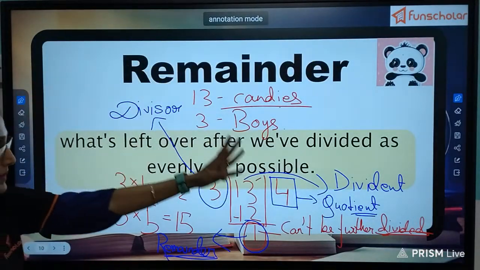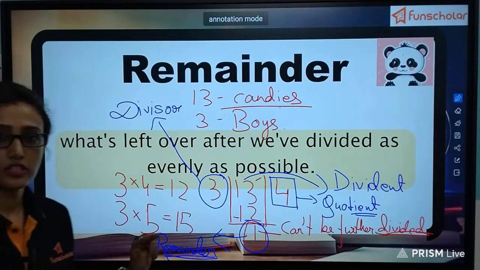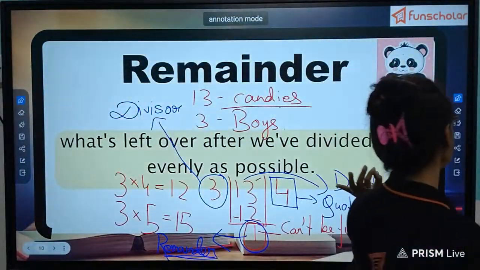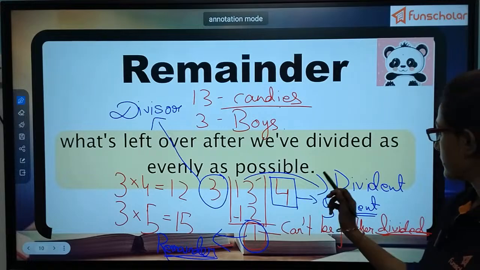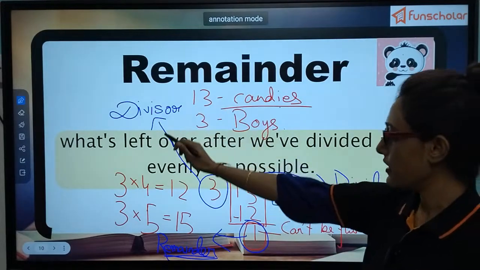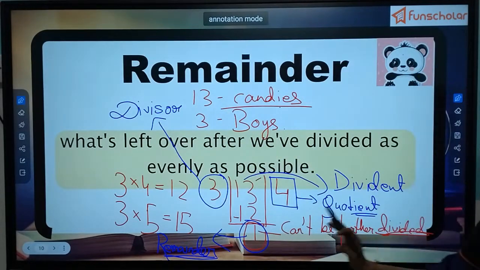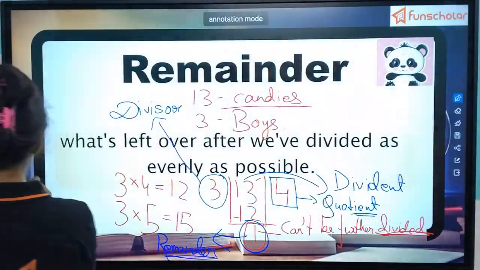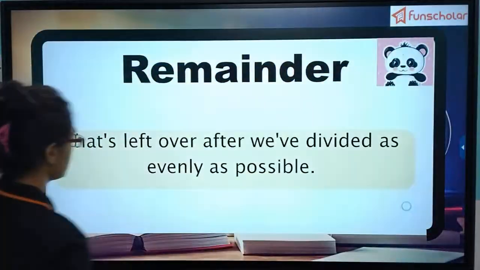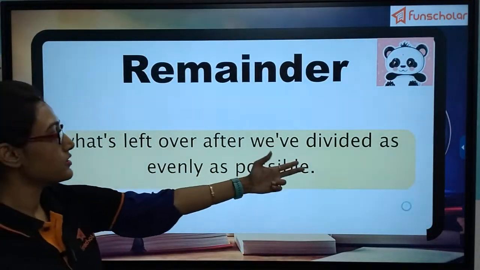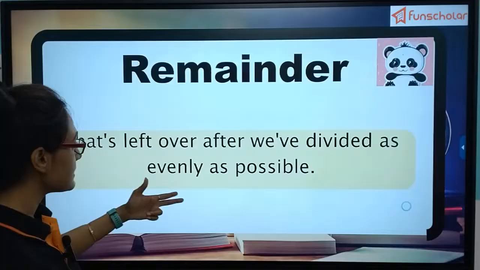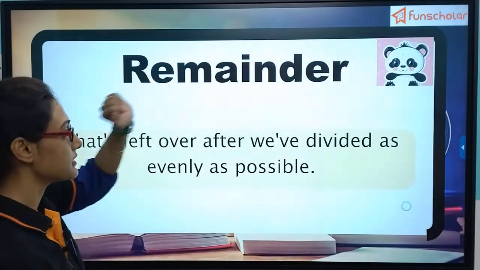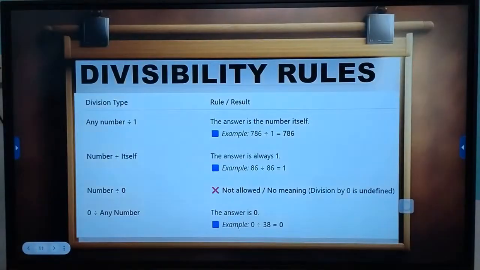So there are four basically important terminologies which we got in case of division. First is dividend, second is divisor, third is quotient, and fourth is remainder. Understood? Clear? Now next. What's left over after we have divided as evenly as possible is nothing but the remainder.